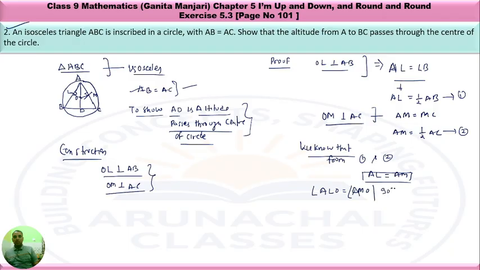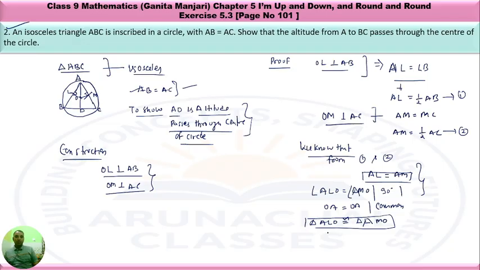Because it is 90 degrees each, that we can write down, and OA is equal to OA, the common side of both the triangles. So with this reference I can say that triangle ALO is congruent to triangle AMO. So we have gone through how to prove the congruence of these two smaller triangles inside it.